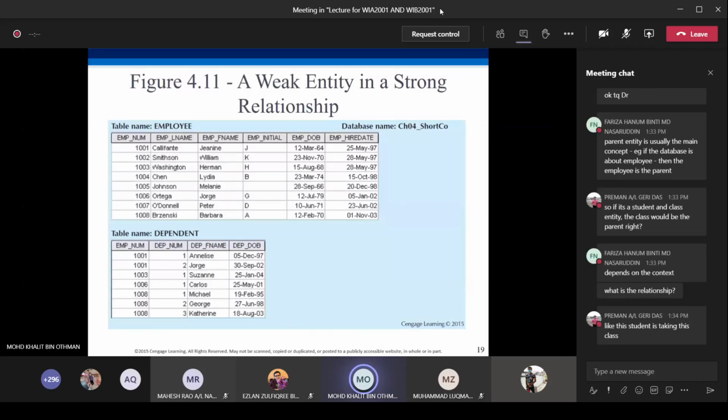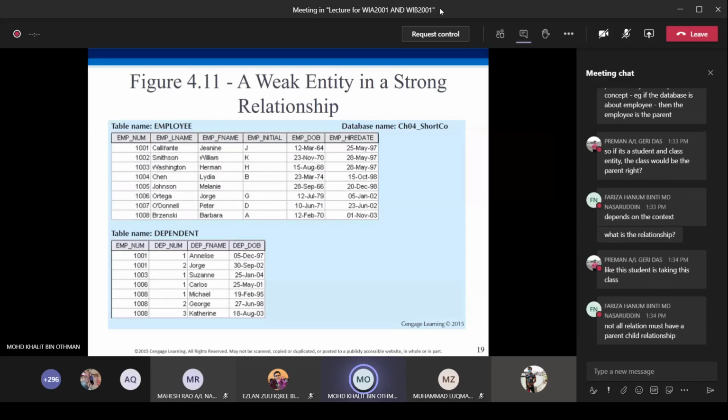This is weak entity in a strong relationship. Why did we say the relationship between dependent and employee is a strong relationship?